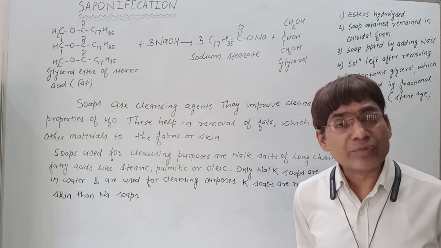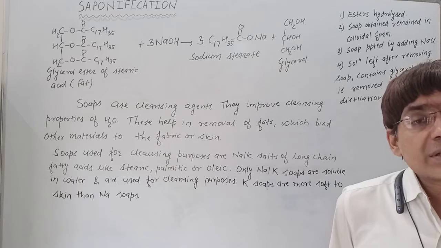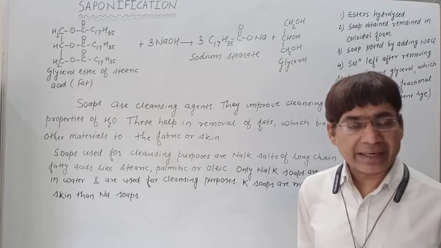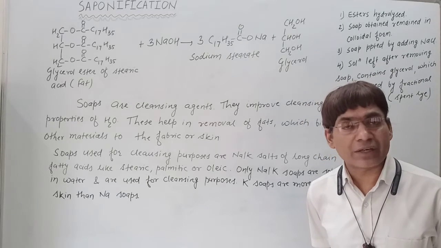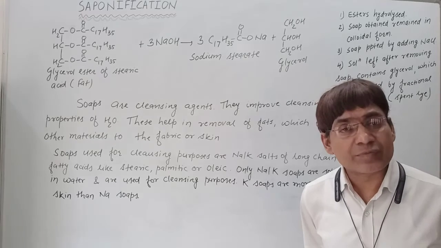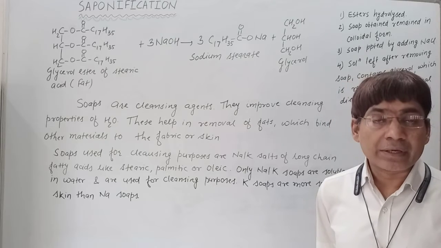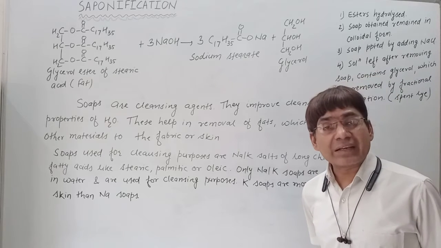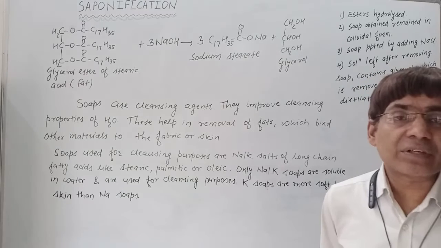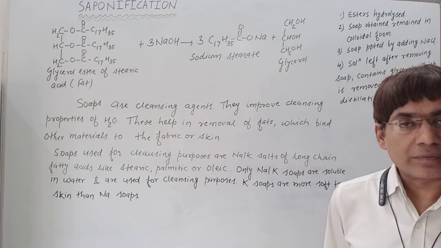So the product of alkaline hydrolysis of esters is the salt of the acid and alcohol.